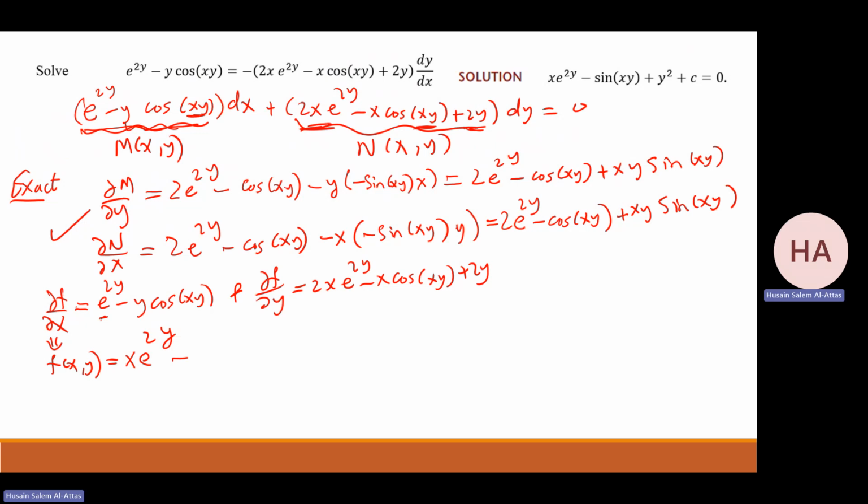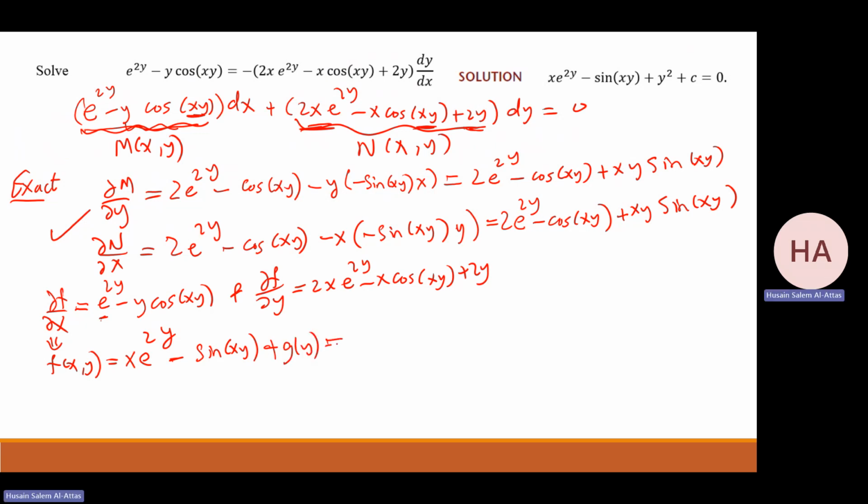Yeah, you can do it by substitution, or if you notice it, that will be only sine xy, with the minus sign, I think. Yeah, I need the minus. Yeah, if we differentiate this with respect to x, you will have what? Cosine xy times y, which is this. Okay. Now plus function of y, which is my constant.